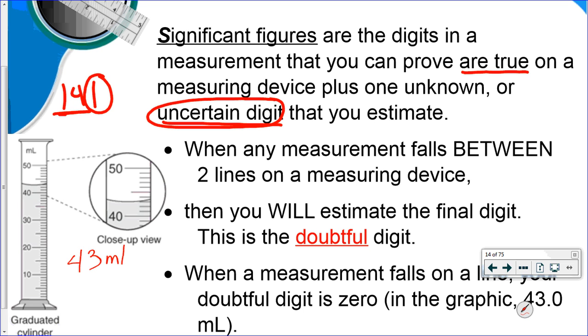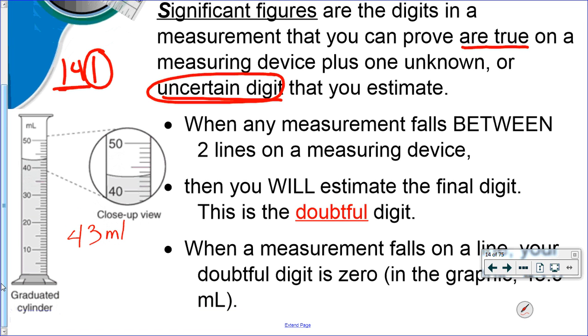Am I 100% certain that it's exactly 43 milliliters? No. So which of these will be my doubtful digit? My 3. Very good. You'll always estimate the final digit. This is your doubtful digit. So the final digit, please circle that, highlight that, in any number.